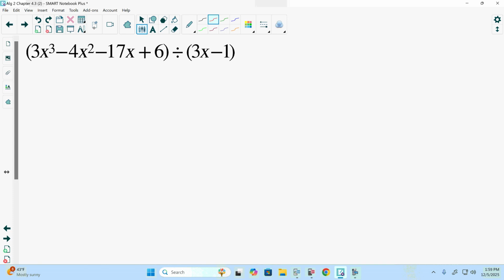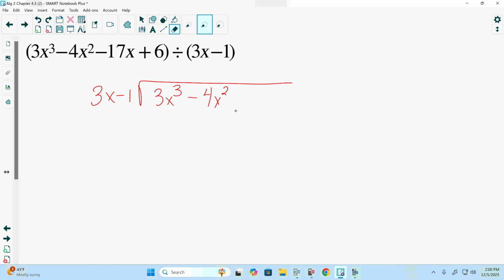Okay, I'm going to erase all this. If I did this in long division, we'd have 3x minus 1 on the outside. Inside, we have 3x to the third minus 4x squared minus, we have our terms inside, yes? So you don't have to write this down. But our first step for long division is we took the biggest term inside and divided it by the biggest term outside.